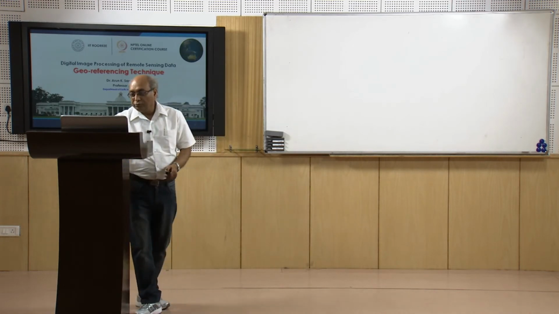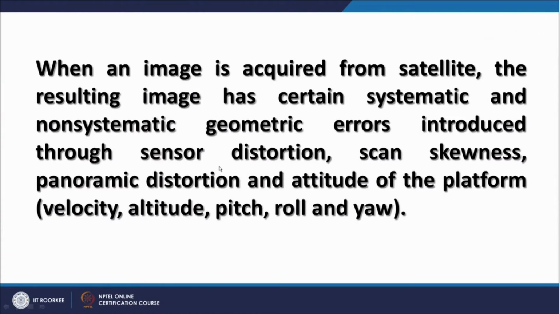Sensors may also introduce some distortions. The scan skewness is always there because of the rotation of the earth at the time when the data is being acquired, and panoramic distortions might be there because, depending on the spatial resolution, it may be covering a large part of the earth.